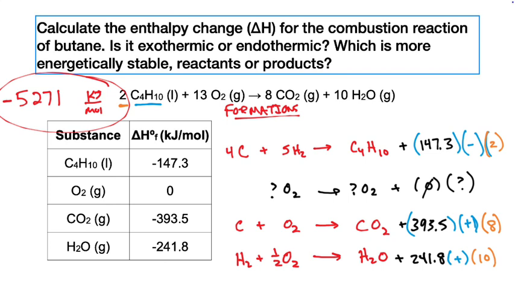This establishes all of the work so that I can now navigate the entire system. Okay? In the formula that you guys went through and did, it was what? Products times N. So you took 393 times 8, right? Okay? It was negative, right? So you took negative 393 times 8. You then added negative 241.8 times 10. You then subtracted, there's my minus sign, 147.3 times 2.